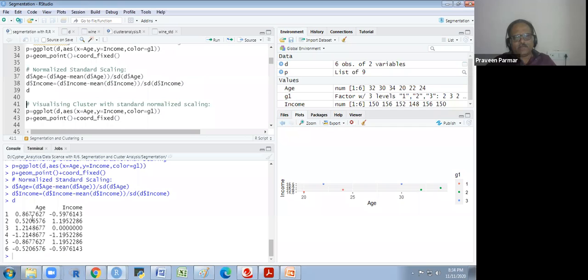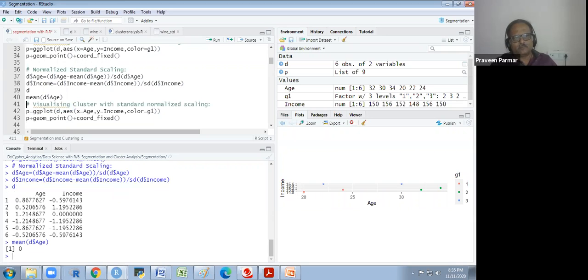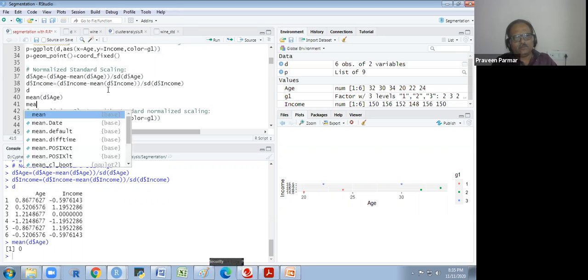You see the values are in the same manner now. If I show you the mean of both, the new mean of age would be near 0. What is the mean here? In the console, you see the mean of income.